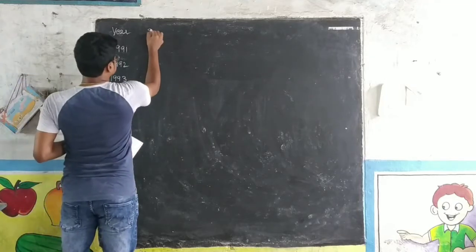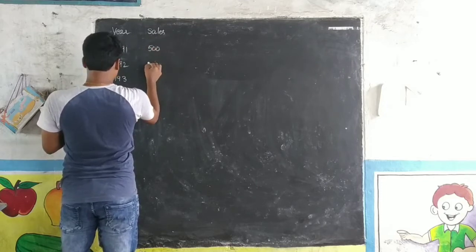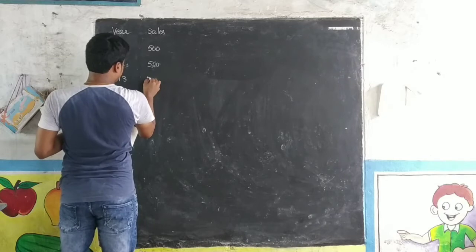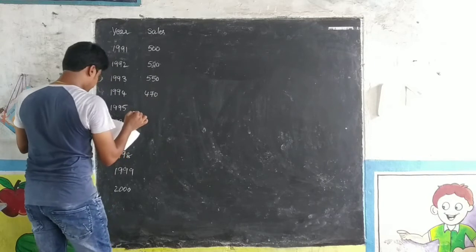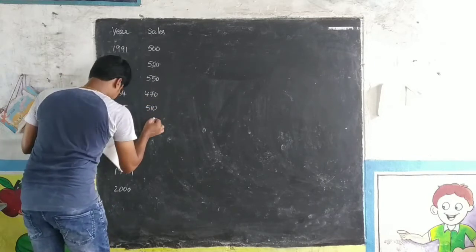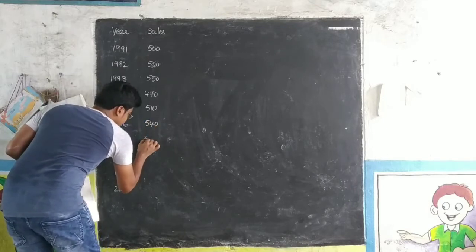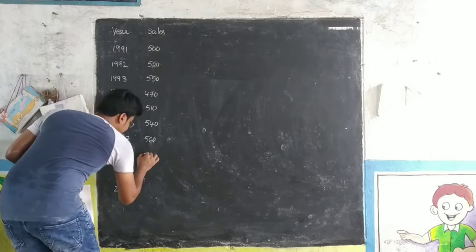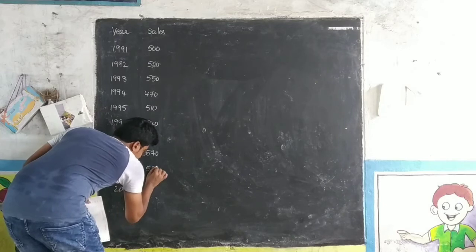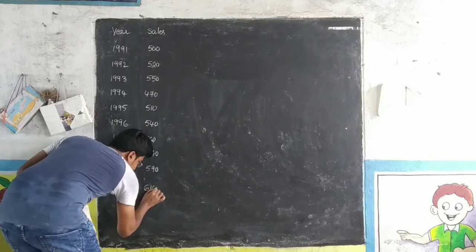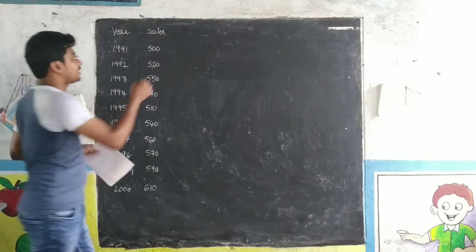Sales: 500, 520, 550, 470, 510, 540, 560, 570, 590, 610. This is the given data, year and sales. This is 5 yearly moving average.